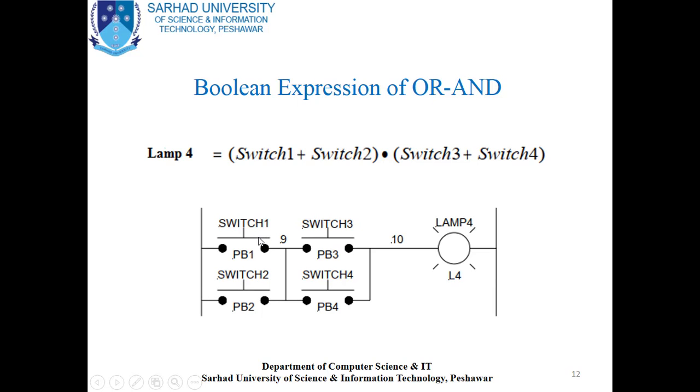Switch 1 and switch 2 are connected in OR fashion. Switch 3 and switch 4 are connected in OR fashion, and all these switches are connected with LAMP4. LAMP4 is the output of the Boolean expression.